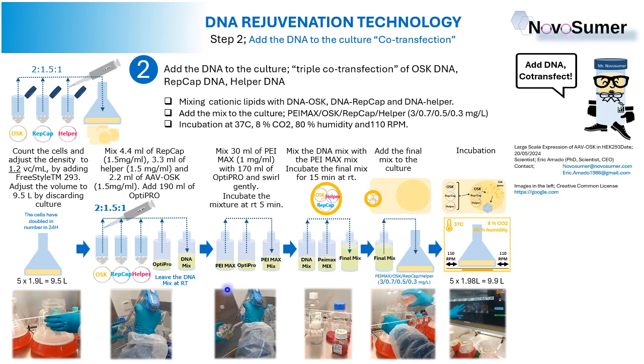So now we have the three things that we need. We have the 10 liters of culture, the DNA mixture, and the detergent. The next step is combining the detergent and the DNA.